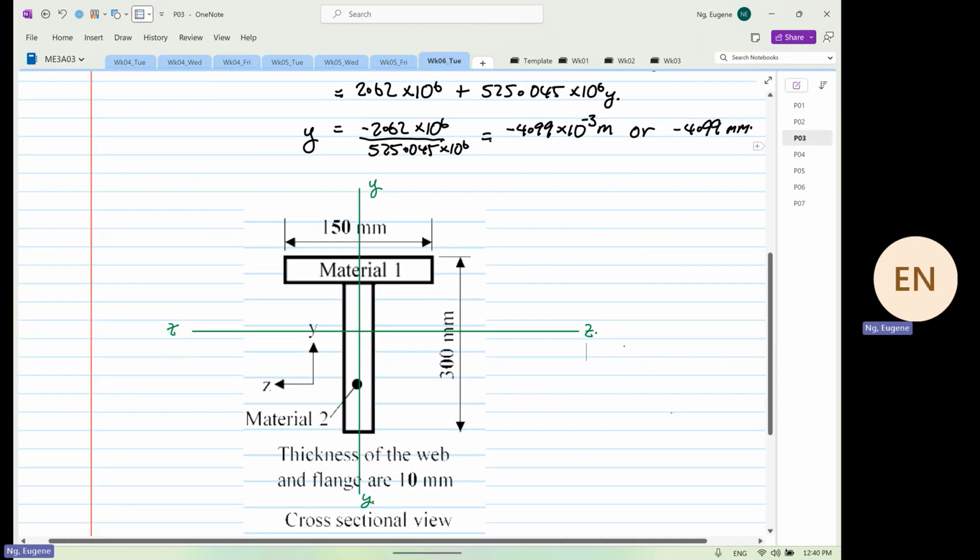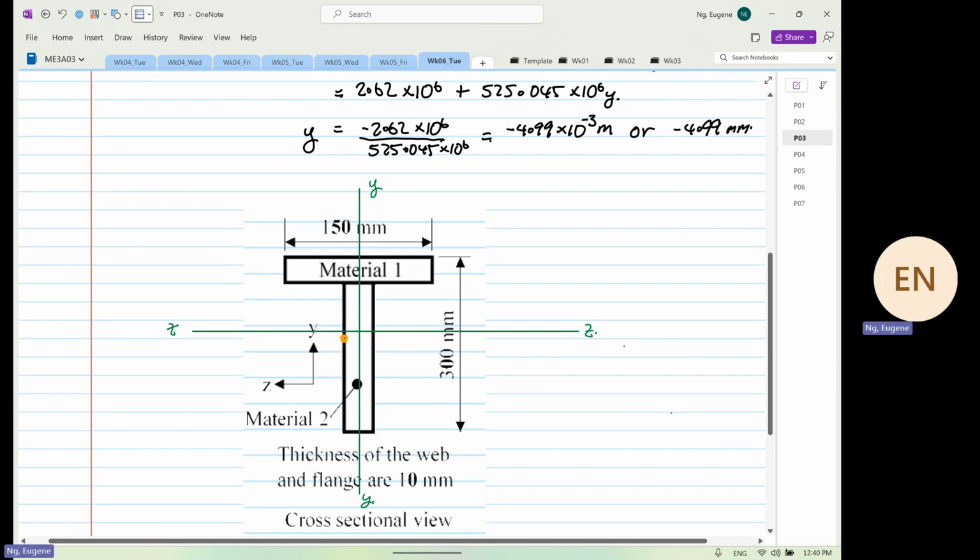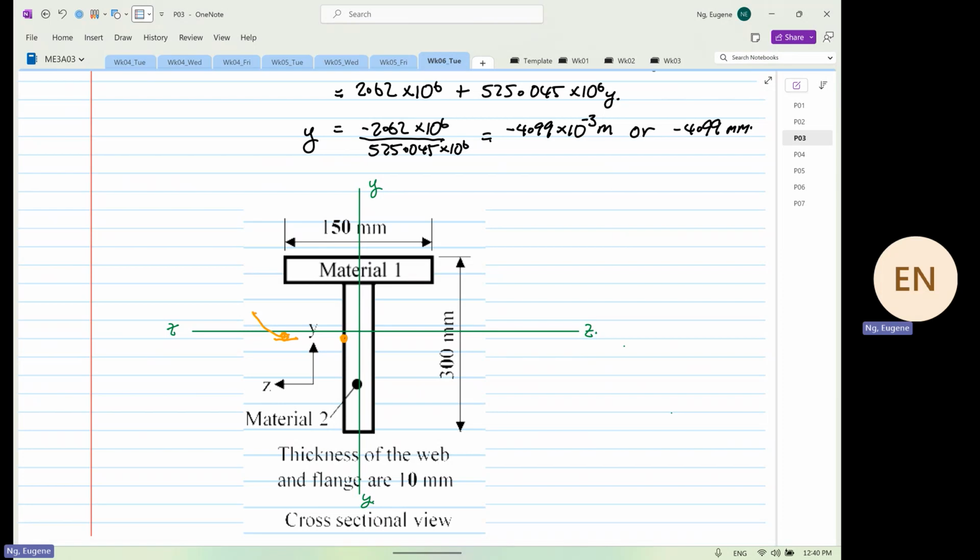So 0.186. Okay, so I'm going to draw in orange. So this is 1 point. And the distance from here to here is 0.186 millimeters. Okay.